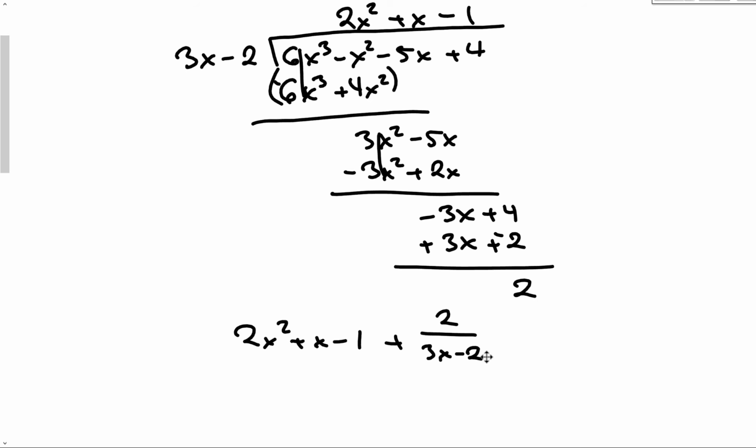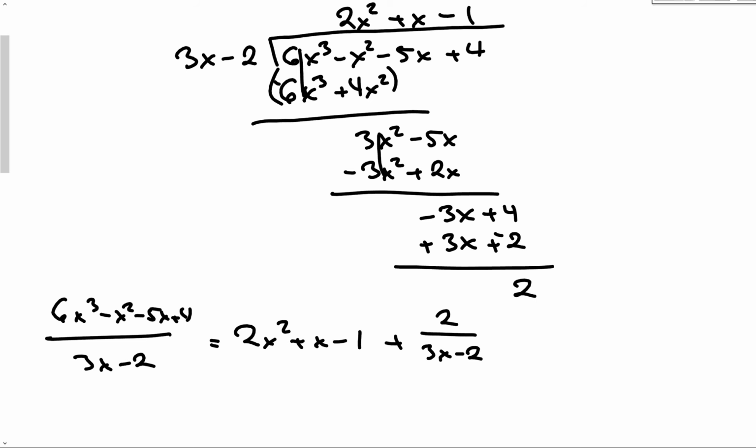So this is what 6x to the third minus x squared minus 5x plus 4 divided by 3x minus 2 is actually equal to.